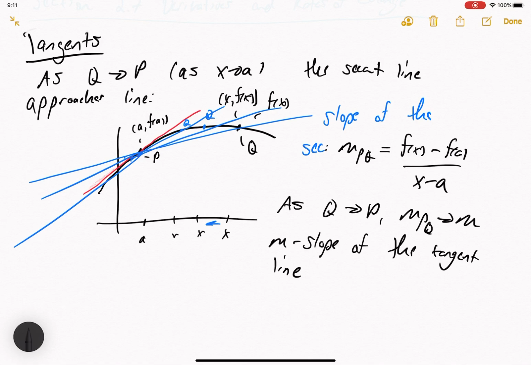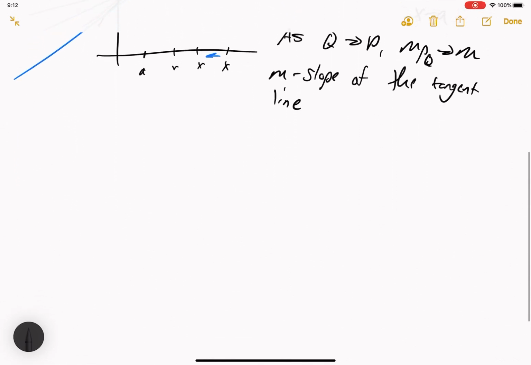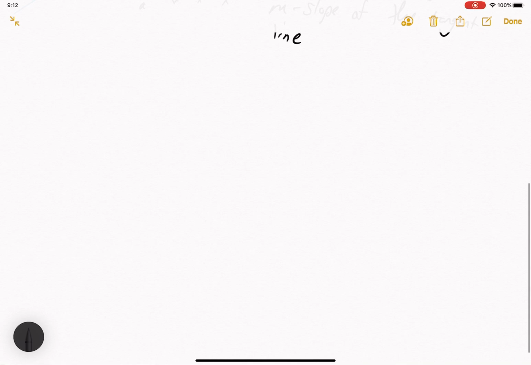We don't really like to use that notation, but we can formalize it a bit more when we talk specifically about functions. We had this intuitive idea, and we've done this before, so let's now formalize it and give a definition of a tangent line.